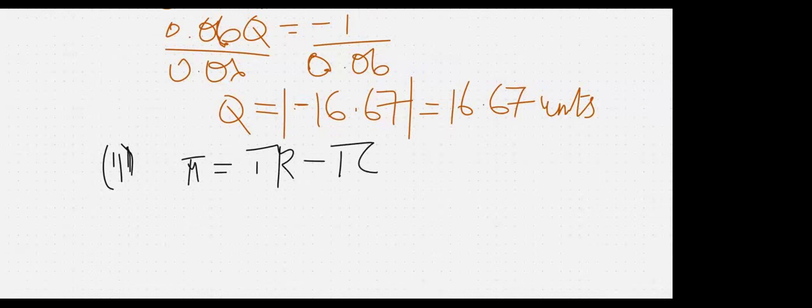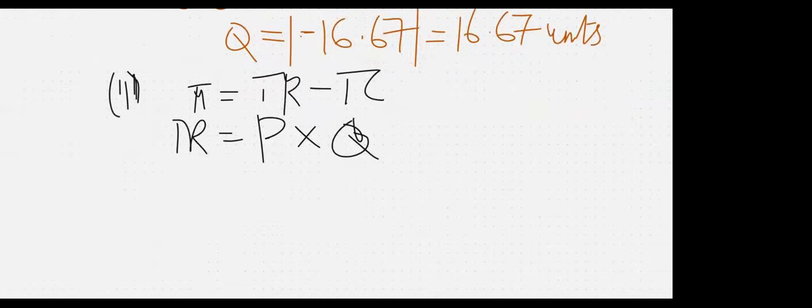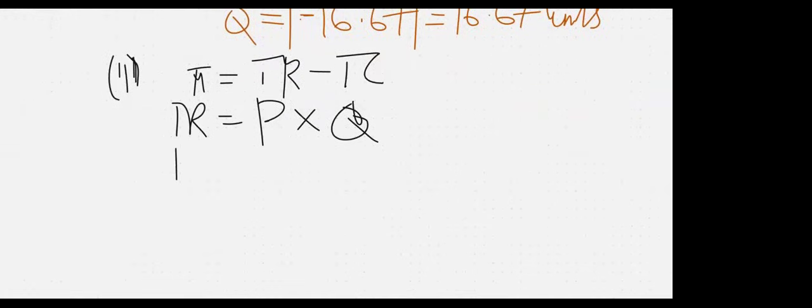Do we have a function for TR or an equation for TR? No. So I'll have to create my TR. TR is equal to what? Price times quantity. So what is TR? Price is 5 cedis.